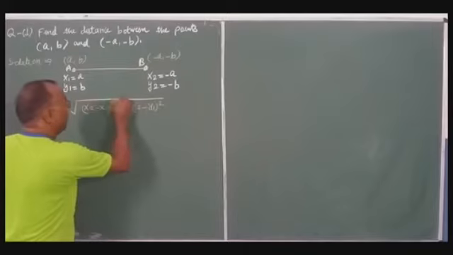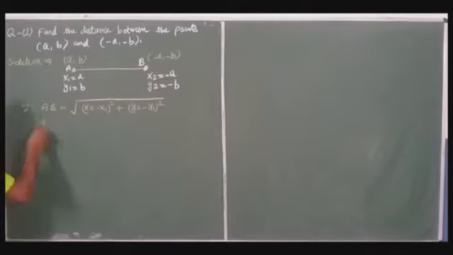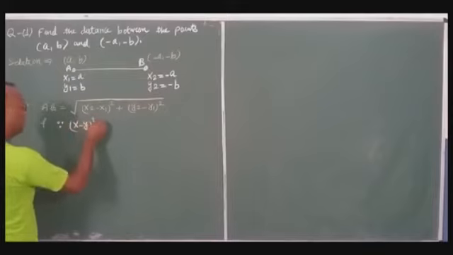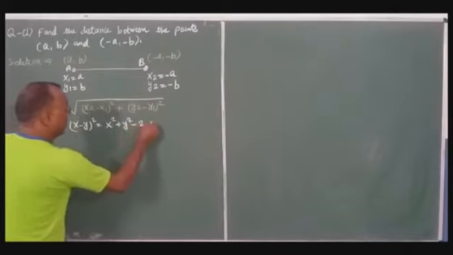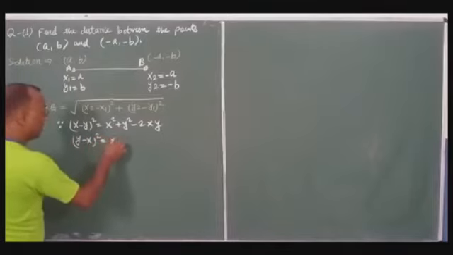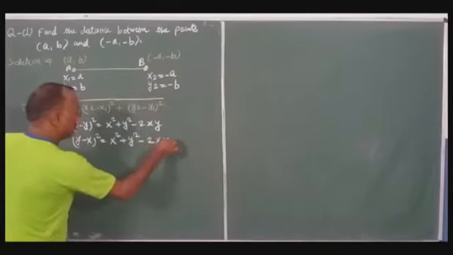Okay, and just look at one more thing. x minus y whole square is what? x square plus y square minus 2xy. Or y minus x whole square is also x square plus y square minus 2xy.